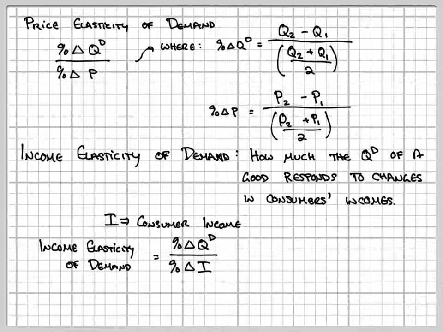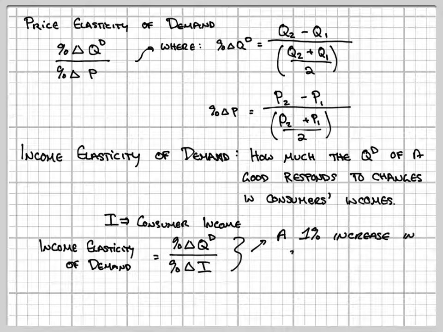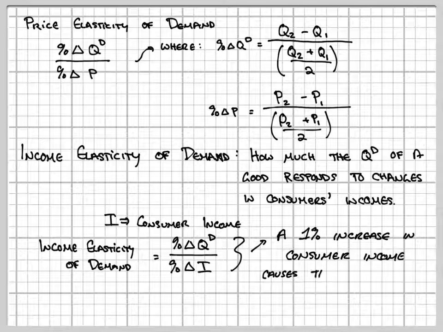So, a little bit more about the income elasticity of demand. The interpretation here is that a 1% increase in consumer income causes this percentage change in quantity demanded.